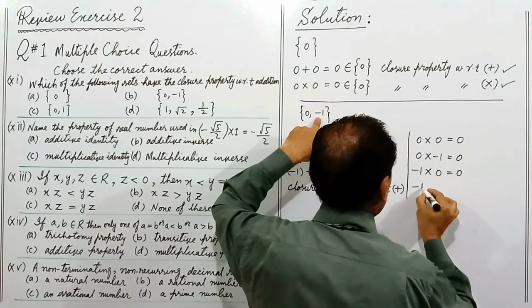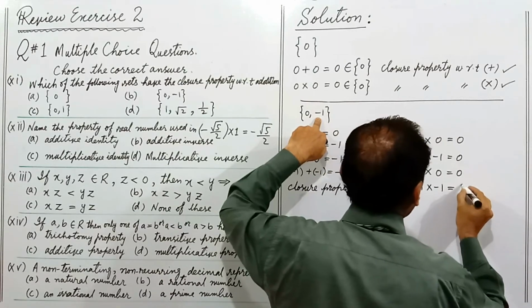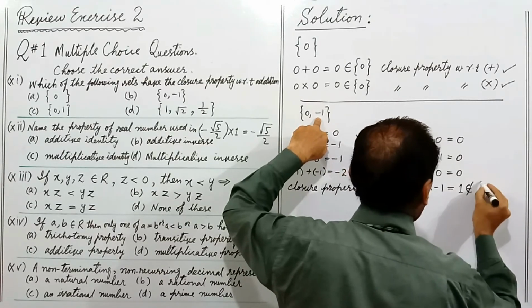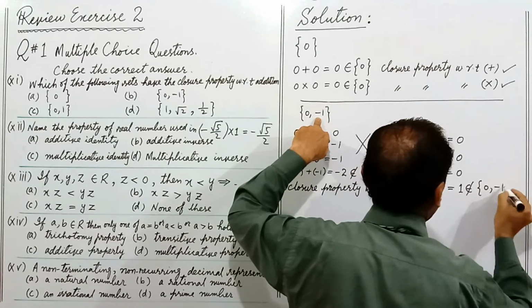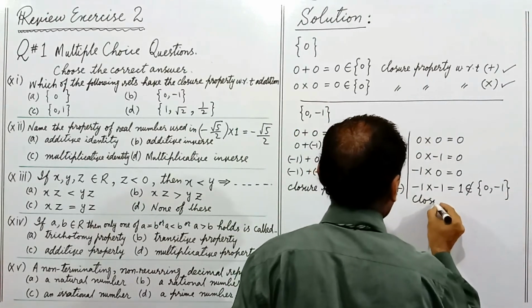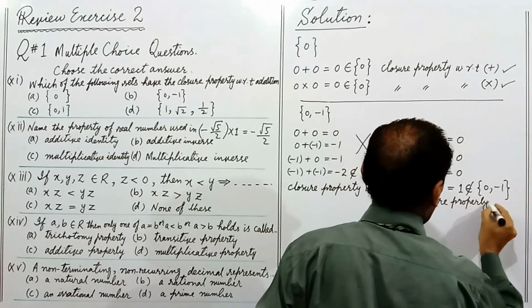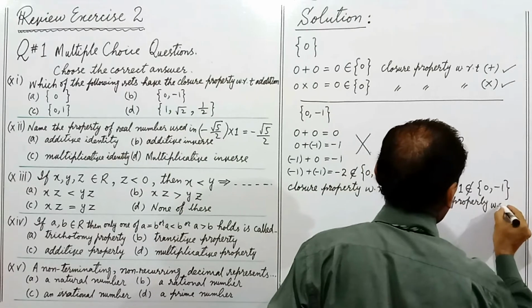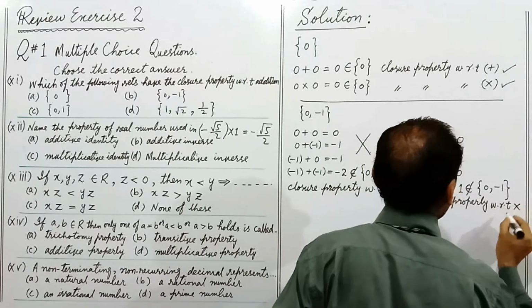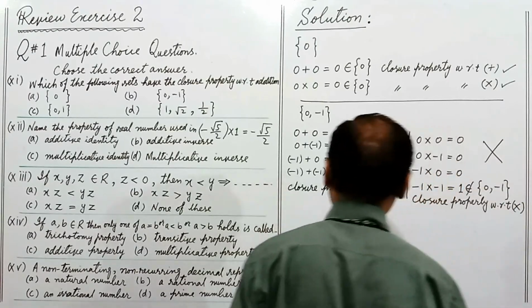We multiply minus 1 by itself, and what do we get? 1, which does not belong to the given set 0, minus 1. It means closure property with respect to multiplication also does not hold for this set.